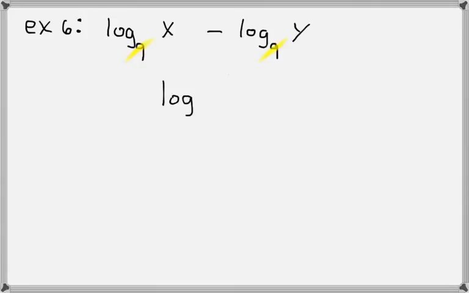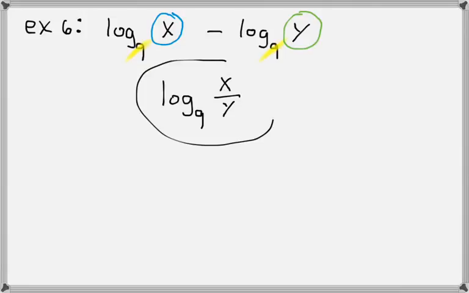So we have log base 9, and it didn't change. Our process doesn't change. We're still going to take this first one, our m, and divide by the second one, which was our n. So we have log base 9 of x over y. And that would be our final answer.